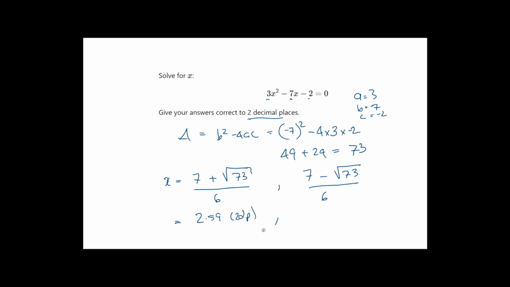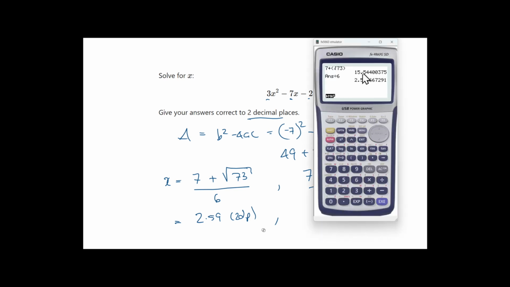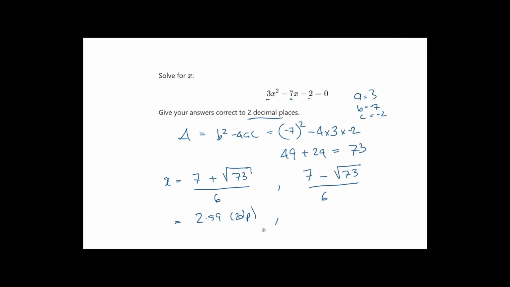And this one here is going to be 7 minus the square root of 73. Divide that by 6. So to two decimal places it's going to be minus 0.26. And we're done.